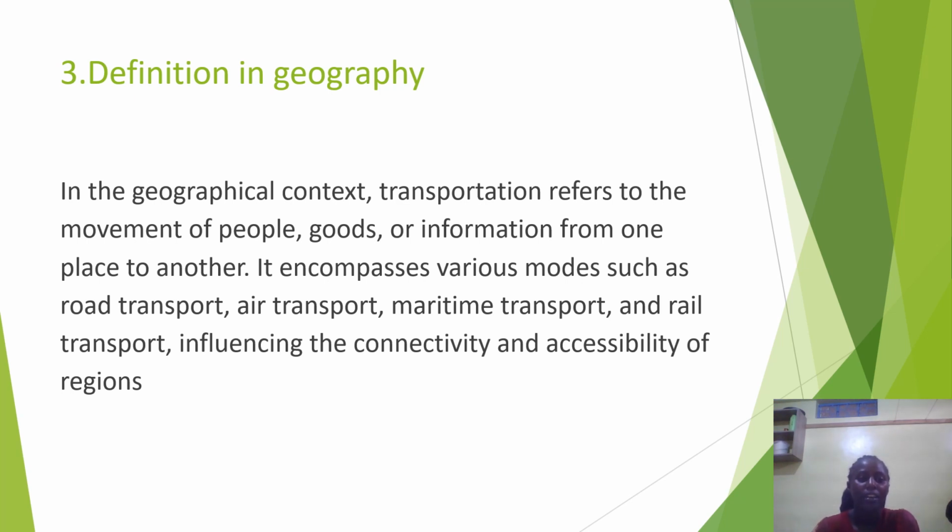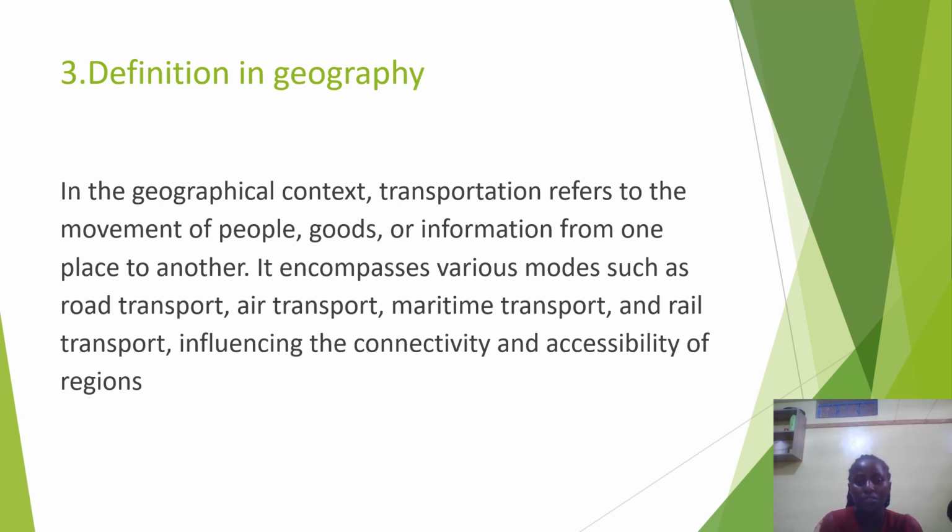Let's look at diverse definitions of transport in different subjects. Definition in geography: in a geographical context, transportation refers to the movement of people, goods, or information from one place to another.